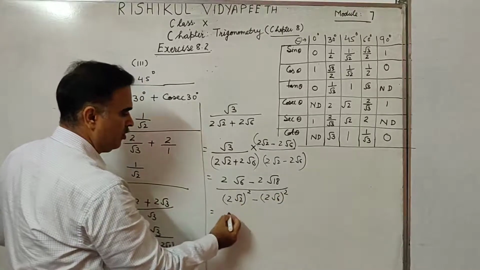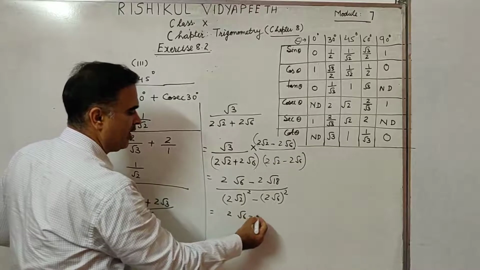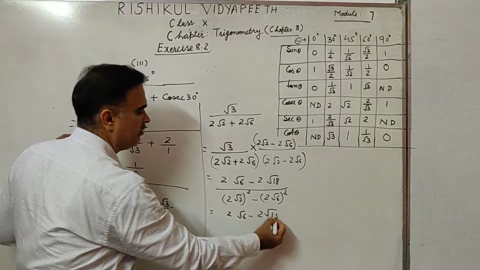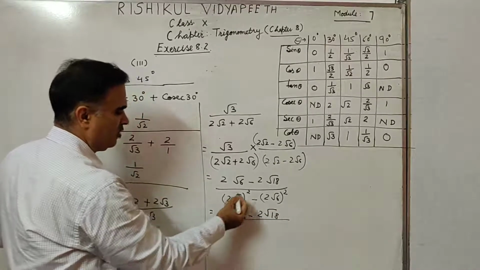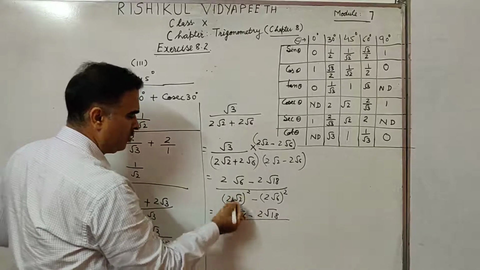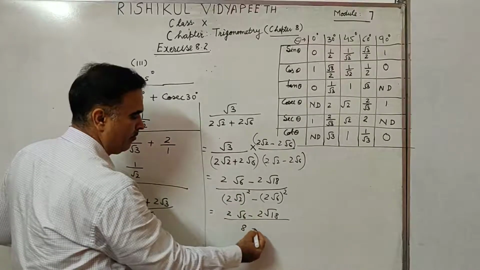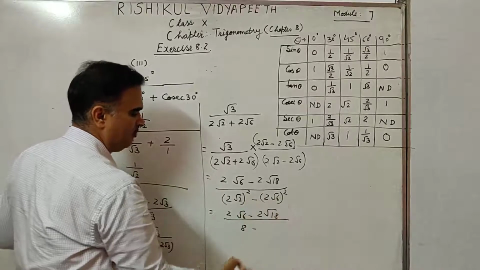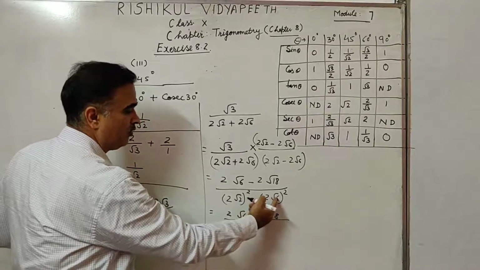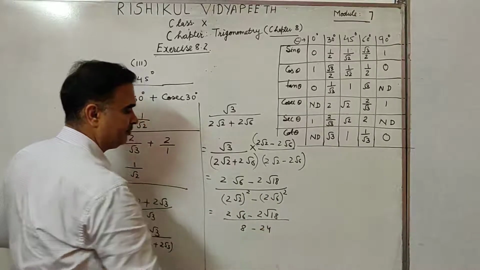So, 2 root 6 minus 2 root 18 upon 2 square is 4, 4 2s are 8, minus 2 square is 4, 4 6s are 24.